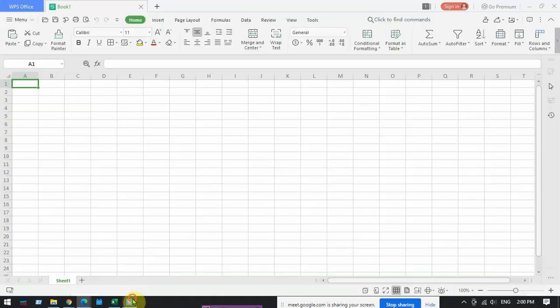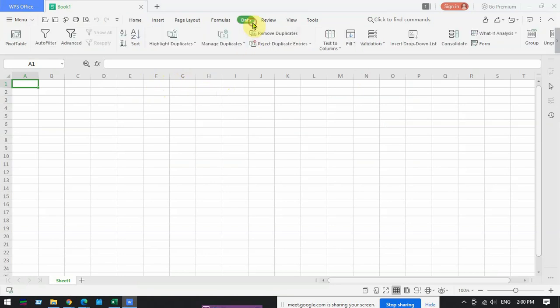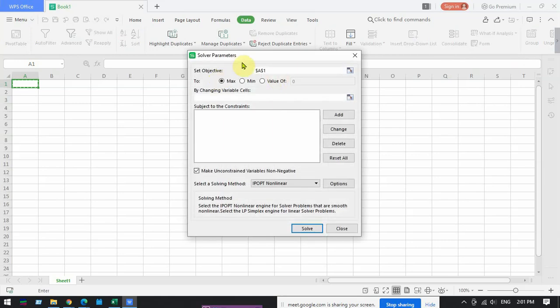If you are using WPS Office, you're going to find the solver under Data, and What If Analysis. If you click on What If Analysis, we have the solver here. If you click on that, this is how it looks, where we are going to input our data.